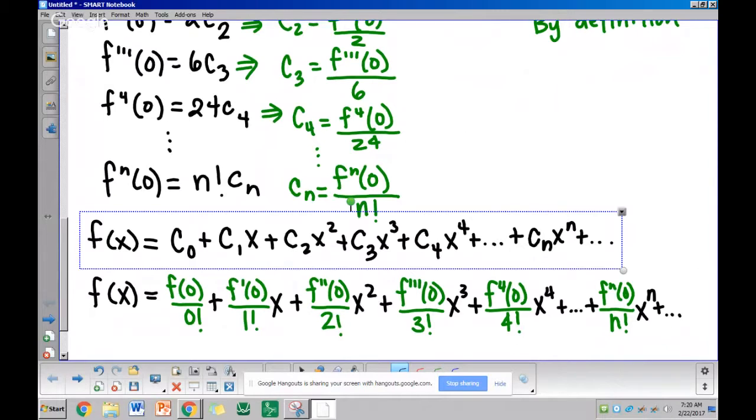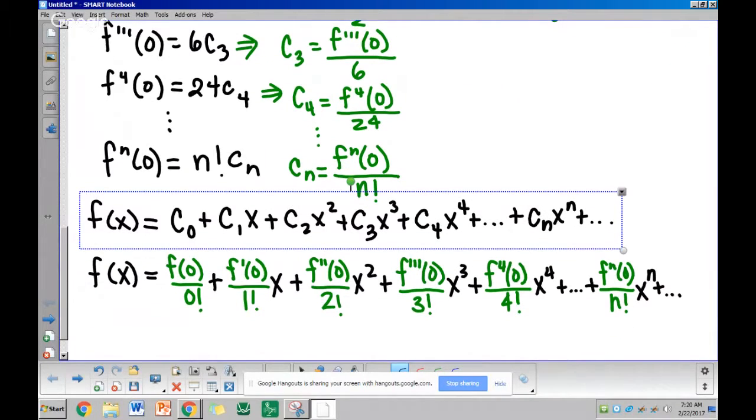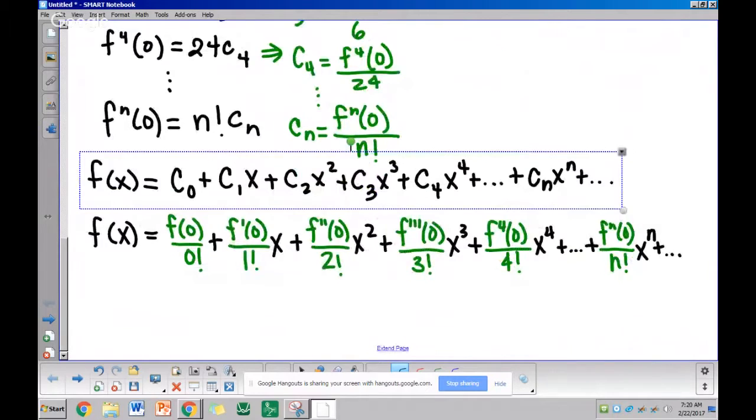So now, if we know the function, we can create our own polynomial almost tailor-made for f of x using a power series. All right? So I can write this in summation notation now and say n starts at 0 and goes to infinity.